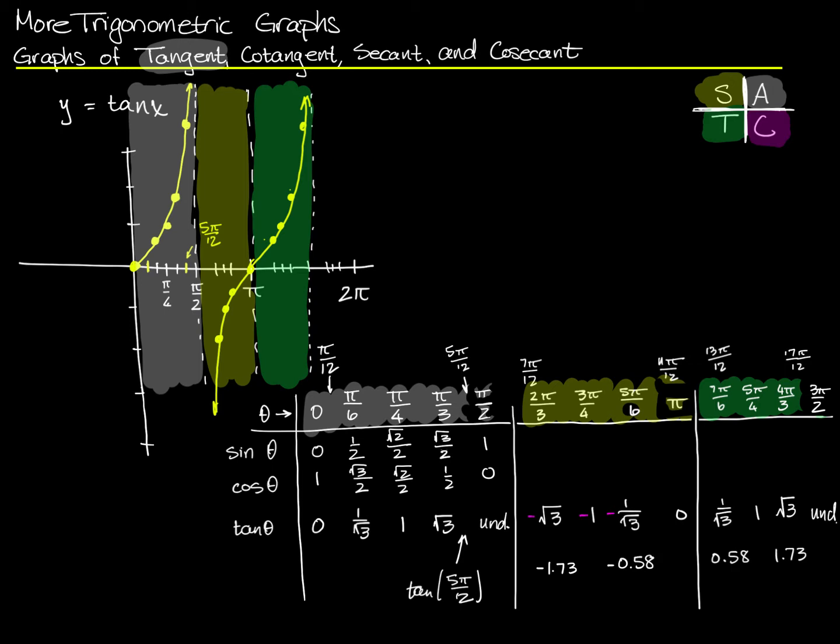For my next 1, 2, 3 tick marks, I'm going to have a height of negative root 3, which turned out to be negative 1 3/4. It looks like it's about there.